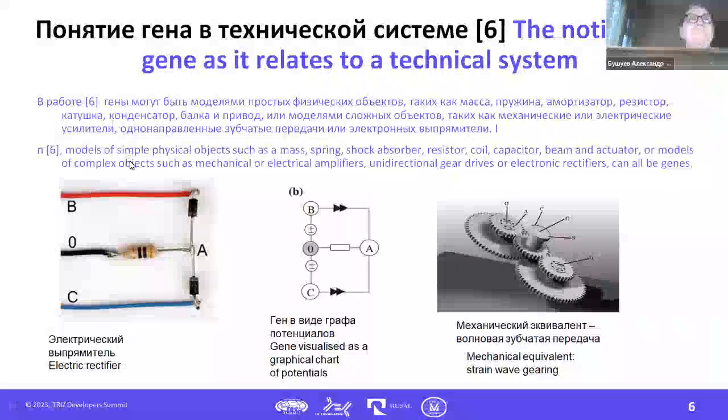Now, this is the notion of a gene as it relates to a technical system. I believe that this is the key issue. What is a gene when it comes to a technical system? We know that a gene is a unit of sending biological information in biological systems. So what do we consider a gene, speaking of a technology, when we try to use our bio approaches and work in this technology.